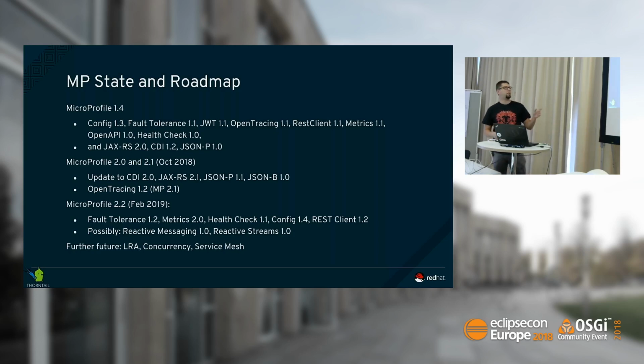2.0 updated CDI, JSON and JSON-P, and also added JSON-B. And just a couple days back, MicroProfile 2.1 was released, and it updated OpenTracing. In February 2019, we expect to have MicroProfile 2.2, which will update lots of specifications and possibly also add more reactive messaging and reactive streams.